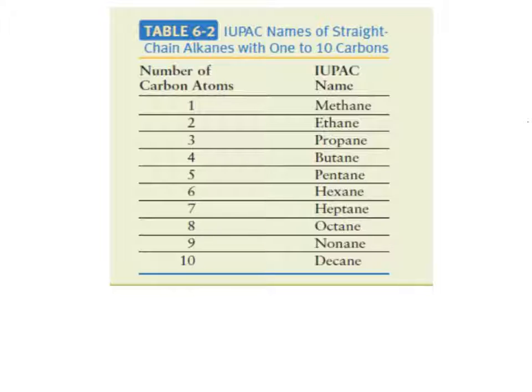If we have 1 carbon, the root is meth. 2 carbons, the root is eth. 3 carbons, prop, and so on. And so that number of carbons provides for us the root of all different organic naming.